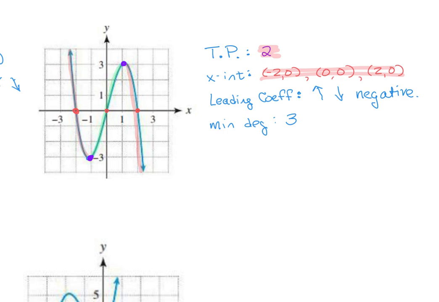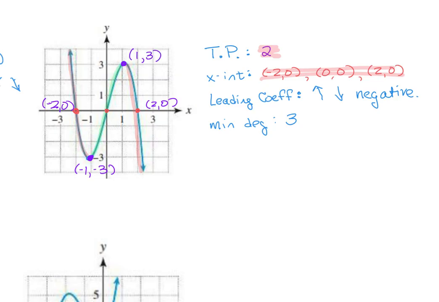Another thing, I do want to revisit some of the other topics that we've talked about so far, is this is an odd function. Not just an odd degree function, this is an actual odd function. Notice here that when we look at our points, we have (-2, 0) and (2, 0). If we look at these other ones here, we have (-1, -3) and we have a 0.13.